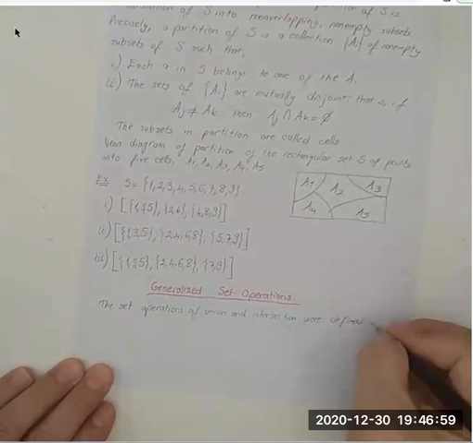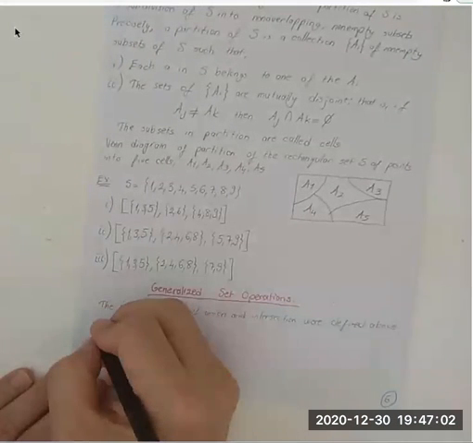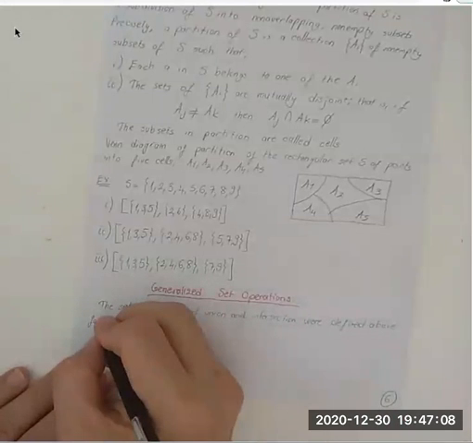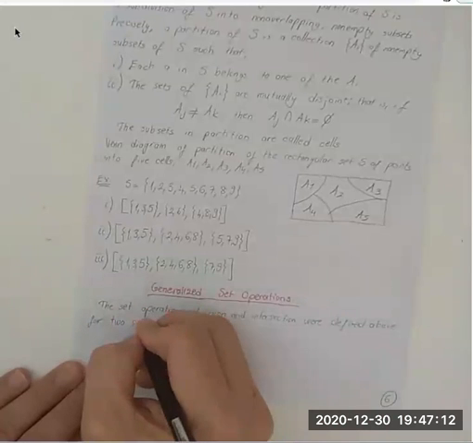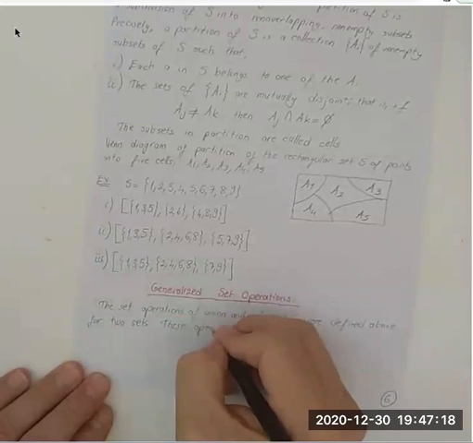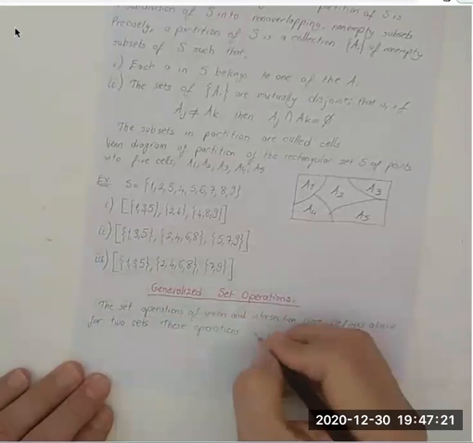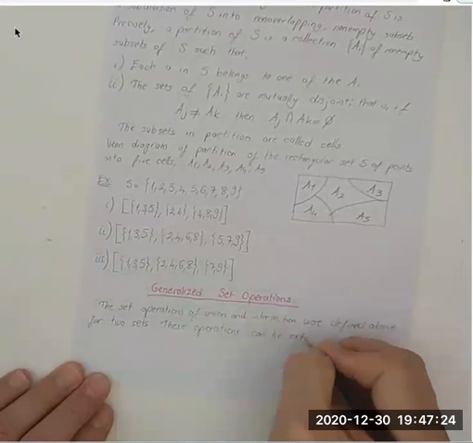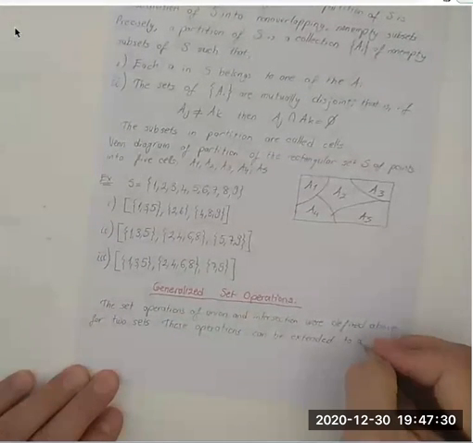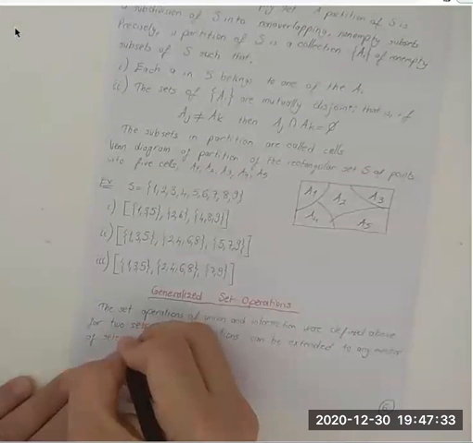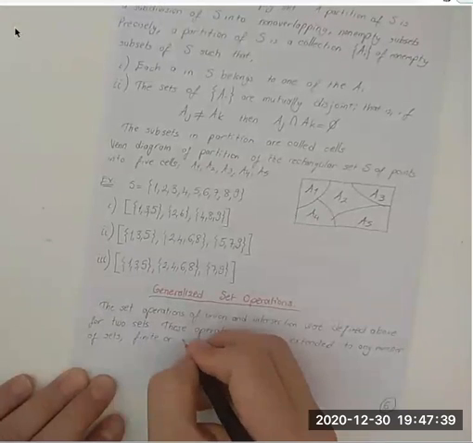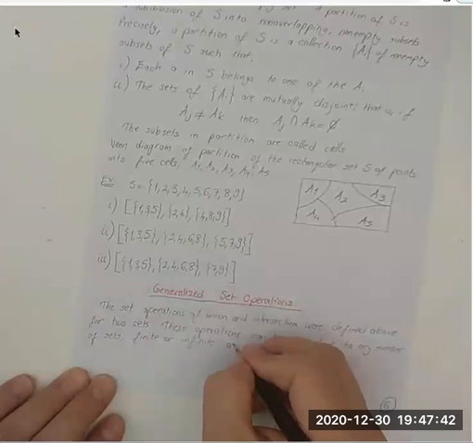On page 7, consider first a finite number of sets, say A1, A2, and so on, AM.